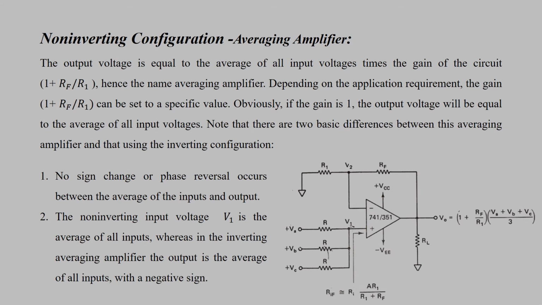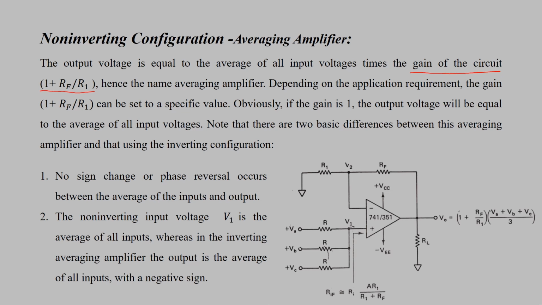Now if we want this as an averaging amplifier, the output voltage is equal to the average of all input voltages times the gain of the circuit, that is 1 plus RF by R1, because of the non-inverting configuration. So depending upon the requirement, the gain can be set to a specific value. Obviously, if the gain is 1, the output voltage will be equal to the average of all the input voltages.